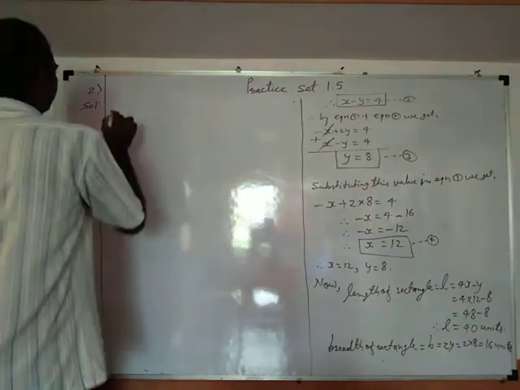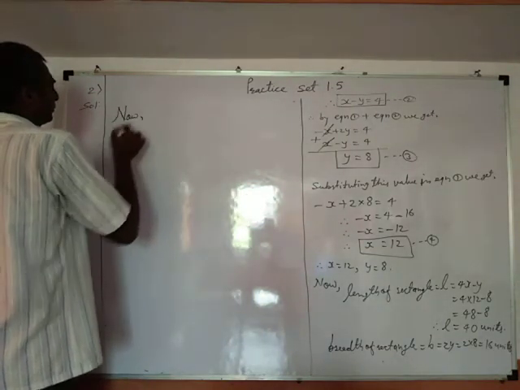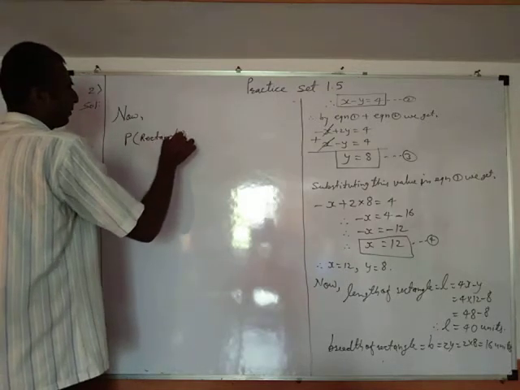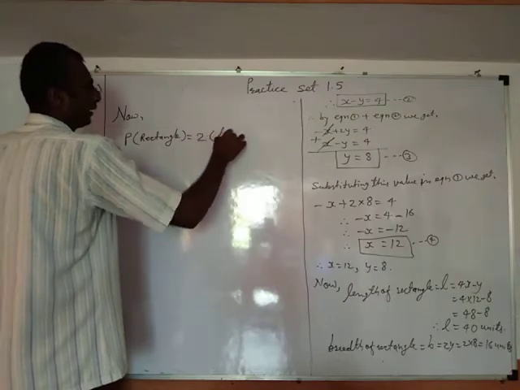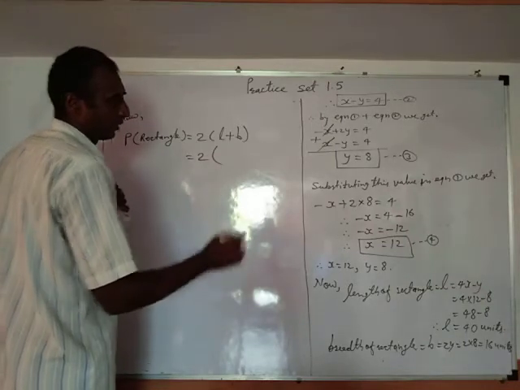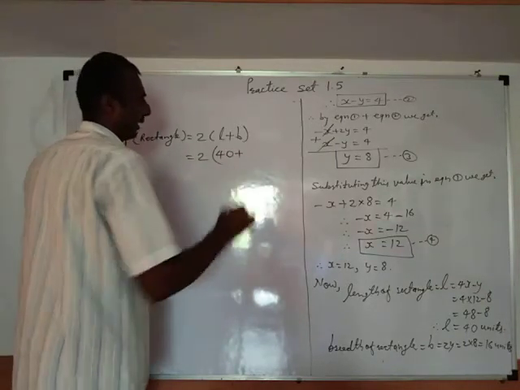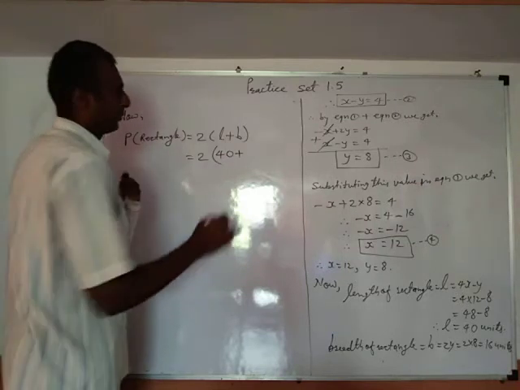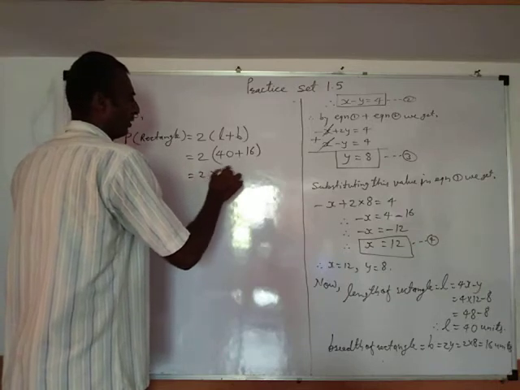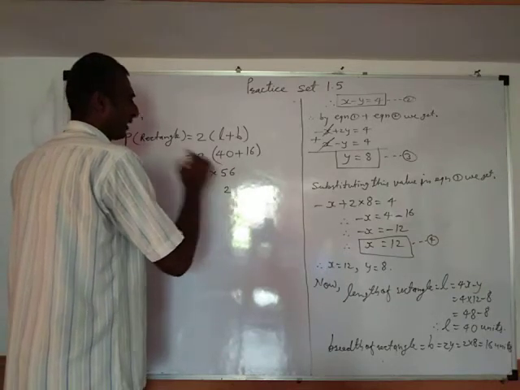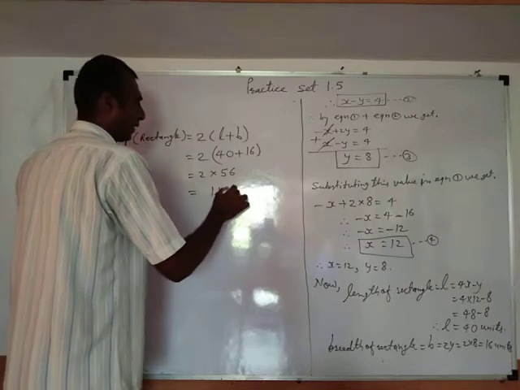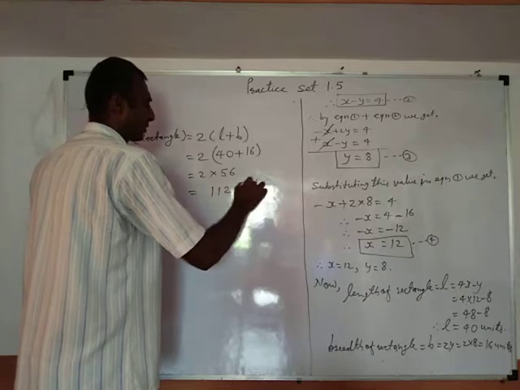Now, perimeter of a rectangle, we have a formula 2 in bracket L plus B, that equals 2 in bracket, value of L is 40 units and that of B, means breadth, which is 16 units. 2 into 56, 2 6 are 12, carries 1, 2 5 are 10 and 1 is 11, 112 units.